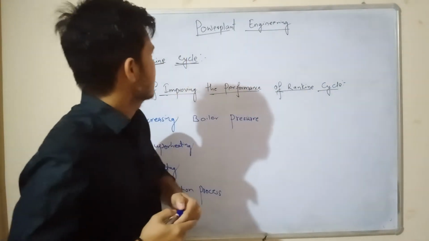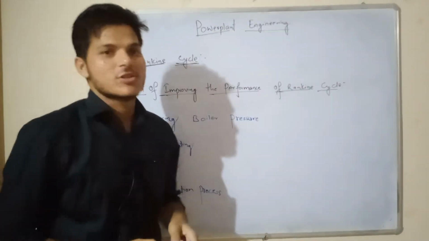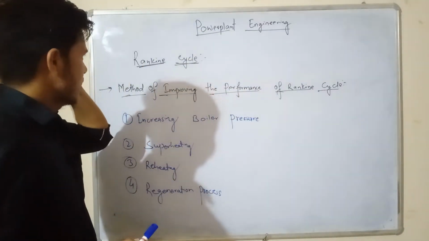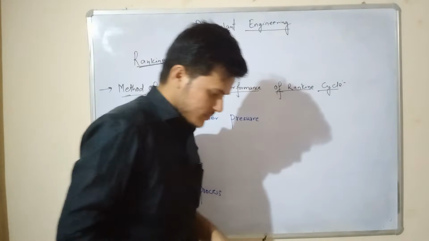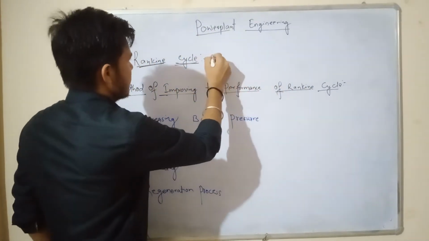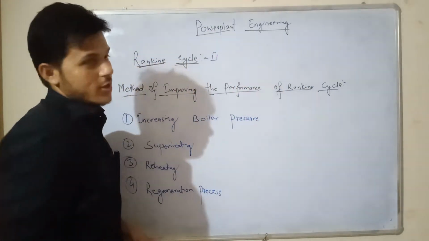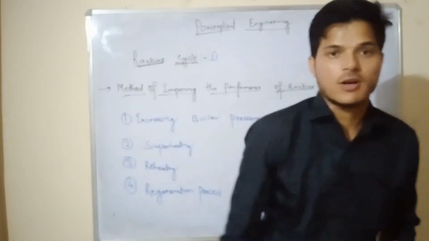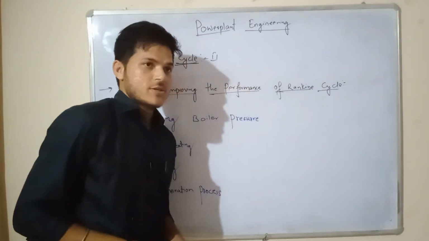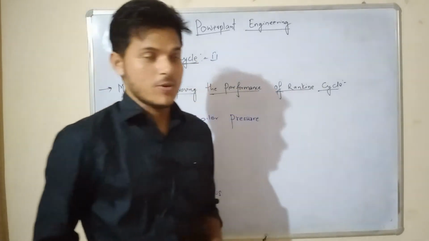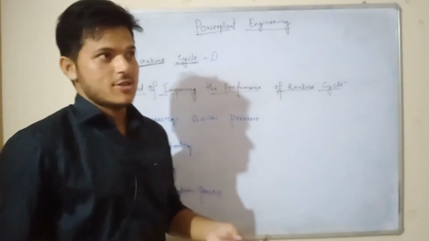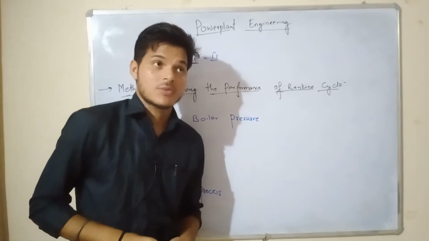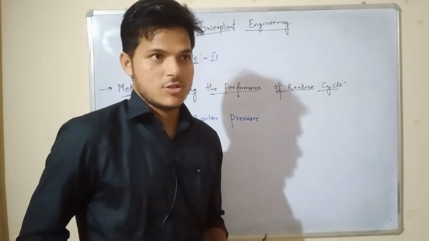Today our subject is power plant engineering, and our topic is the Rankine cycle. This is the second part of the Rankine cycle. We already discussed in the first part the basic assumptions in a Rankine cycle, the basic parameters for the selection of the power plant, and third, SSC, the specific steam consumption rate.